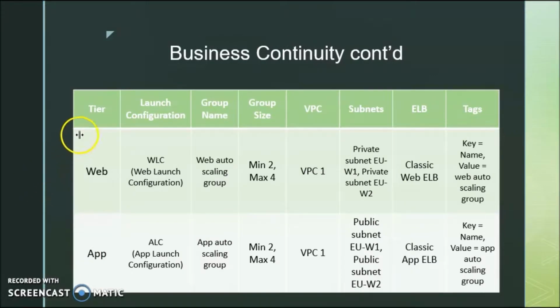The instances will range from 2 to 4 instances for each tier, for each availability zone to be more precise.